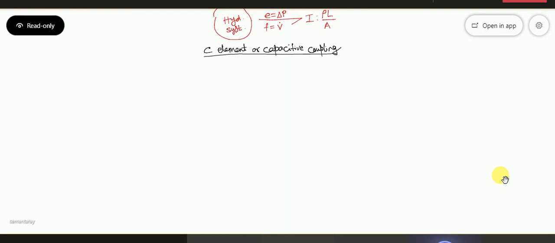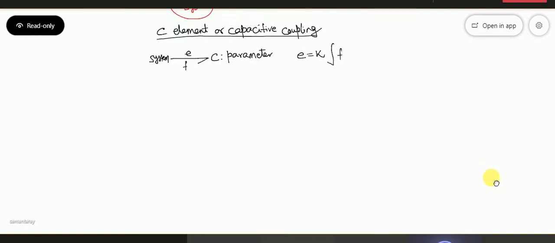Those may be useful in master's level courses. So the simplest C element is shown like this with parameters. This side is system. It has a relation between E and F: effort is some constant parameter times integral of flow dt.